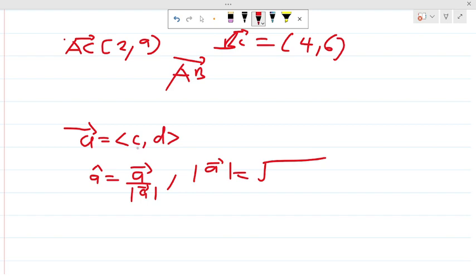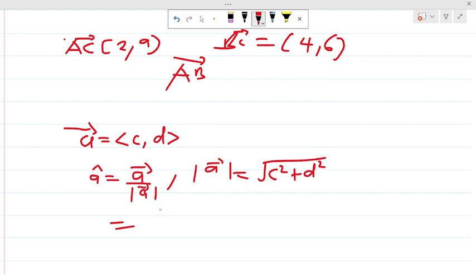So the square of C is C squared, plus the square of D, D squared. So the magnitude of A is the square root of C squared plus D squared. To find the unit vector, we take that vector divided by the magnitude.